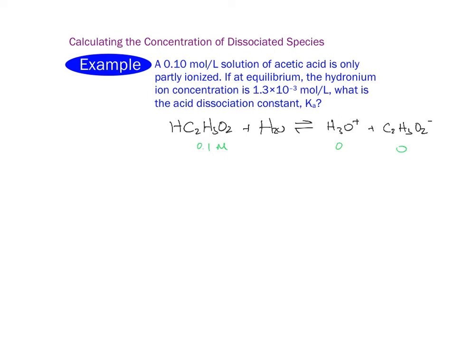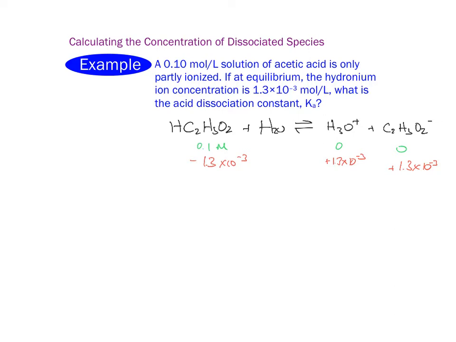And then what we see for the next line is that the molarity increases for hydronium by 1.3 times 10 to the negative 3. So it's also going to increase by the same amount here. But that also means it's going to decrease by that same amount for the acetic acid.